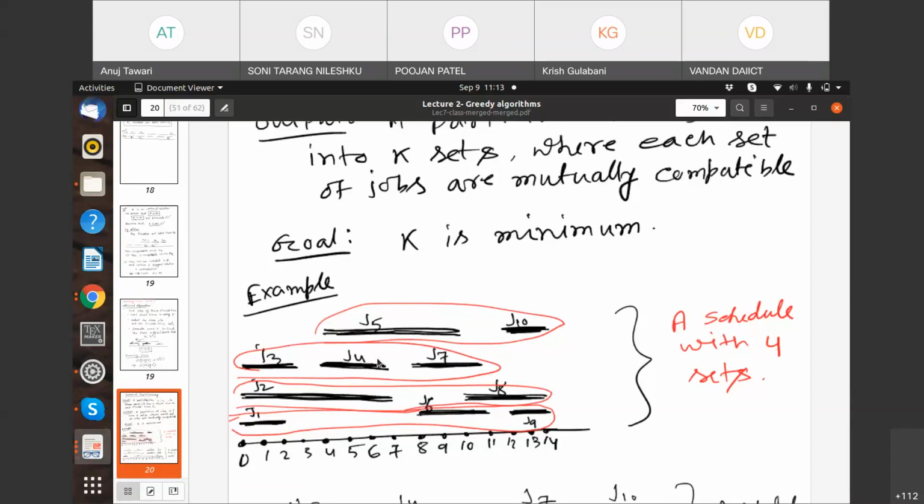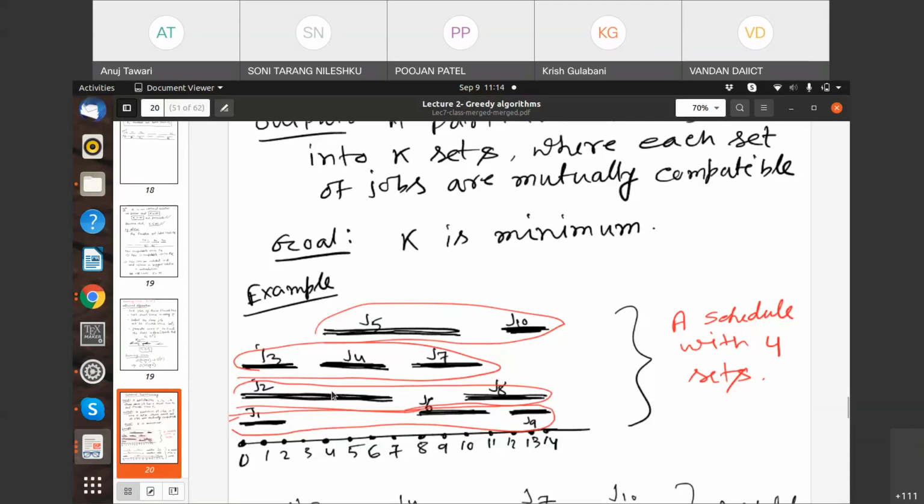Sir, here we can do this for k equals 3. Okay. So what do you suggest? How should we put this? From the first two sets that are J1, J6, J9 and J2, J8, we will replace J1, J2 in both sets.